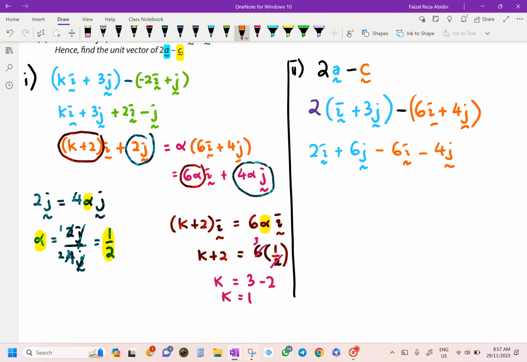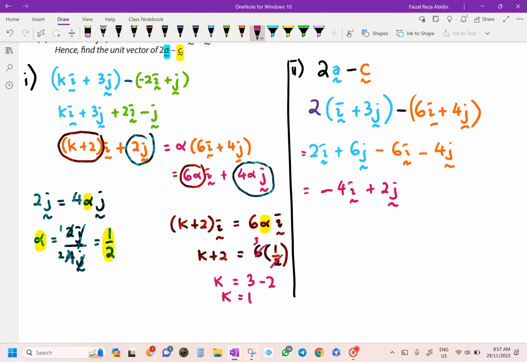So 2 minus 6, you are going to get negative 4i. 6j minus 4j, plus 2j. Right? But what is the question asking? Unit vector.